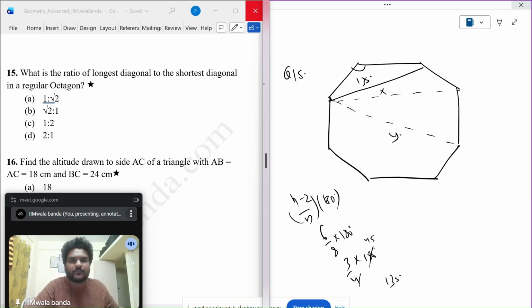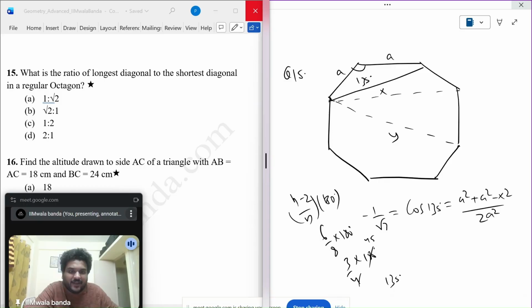I think X is pretty easy because this is A, this is also A. You use cosine law, which is A square plus A square minus X square upon 2A square, which is minus 1 by root 2.